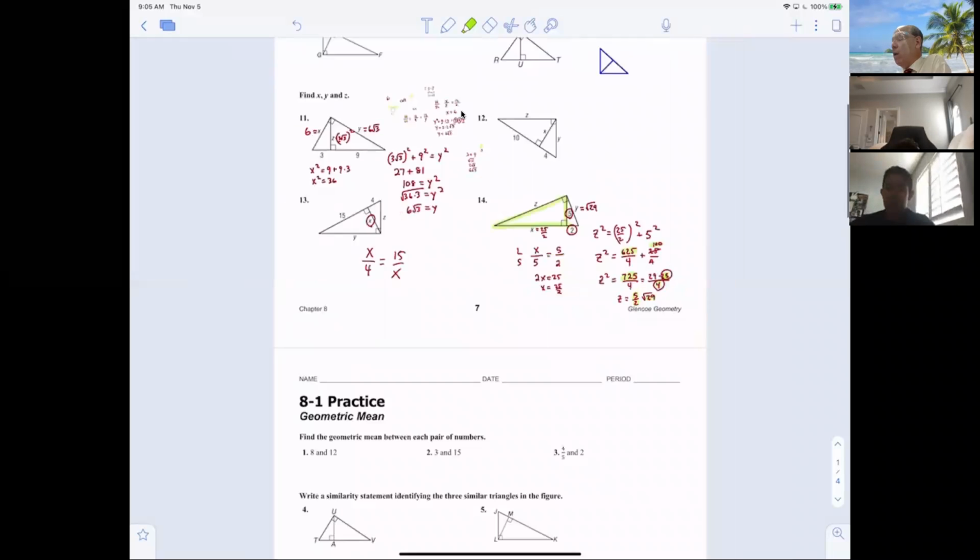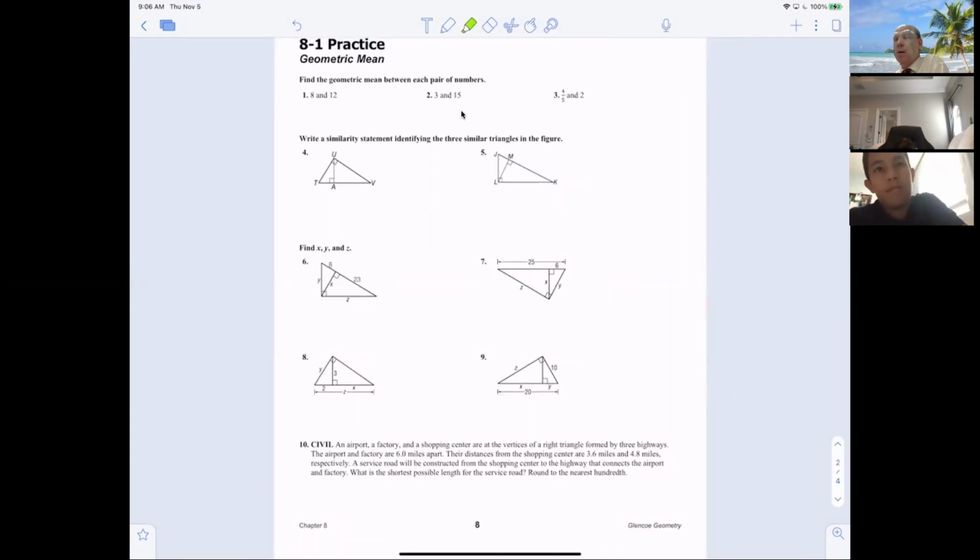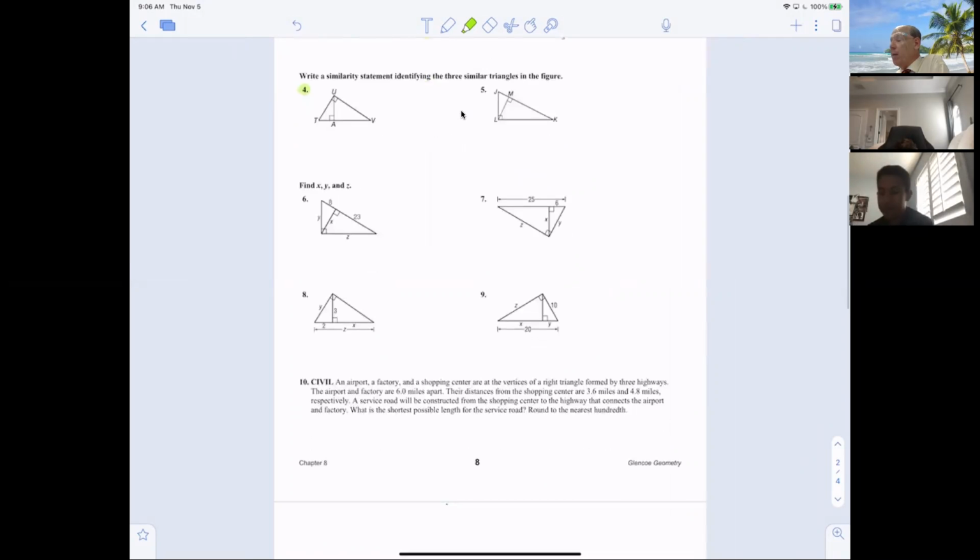All right, now what I want to do is look at the next lesson. Let's do, just for practice, number 2. I think number 4, setting up the similarity statement, is fine. Do that also. Now I'll give you a little break: 7, 8, and 9.